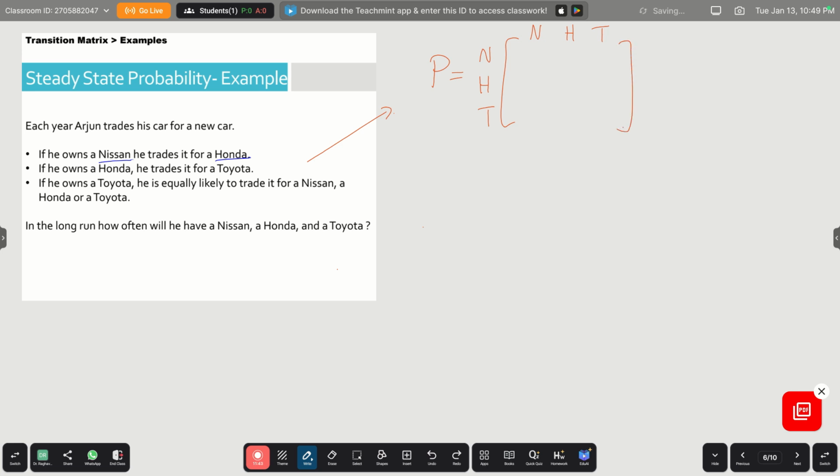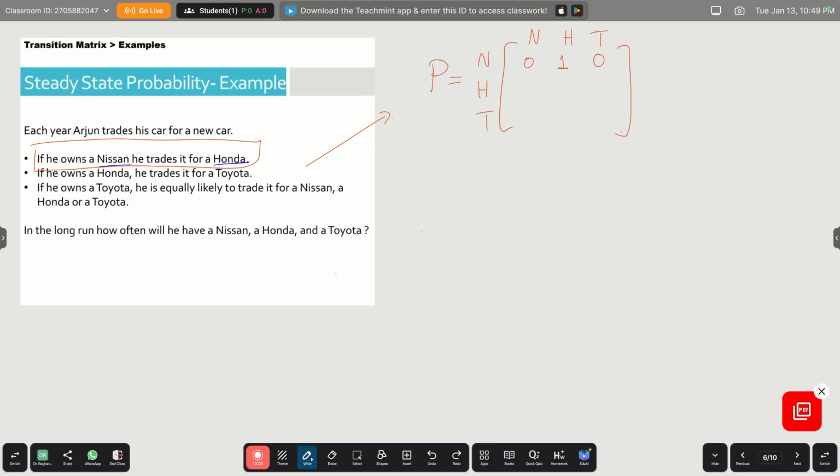If he owns a Nissan, he trades it for a Honda. So Nissan to Honda is 1, Nissan to Nissan is 0, Nissan to Toyota is also 0. The second line says, if he owns a Honda, he trades it for a Toyota. If he has a Honda this year, next year he will have a Toyota. Honda to Toyota is 100% sure, so 1 is the probability.